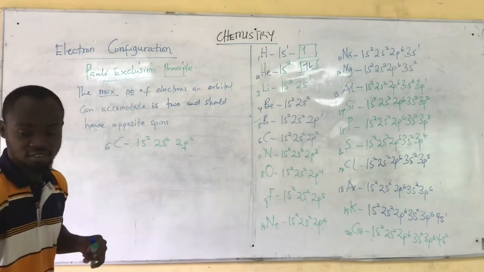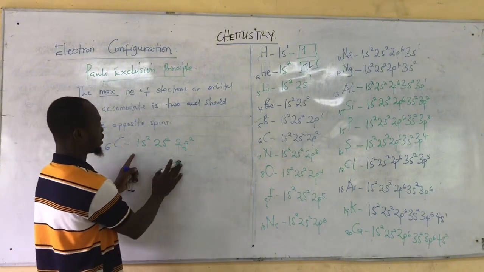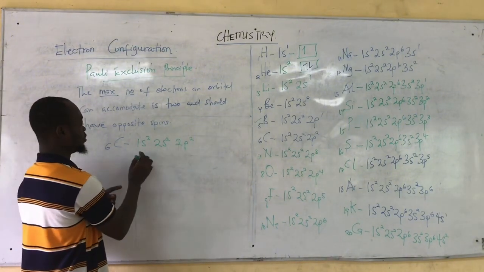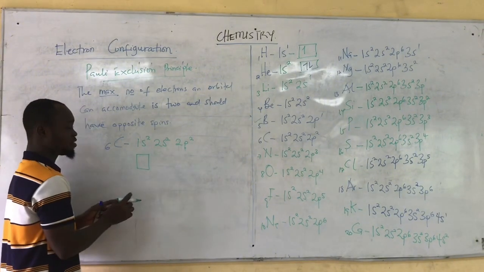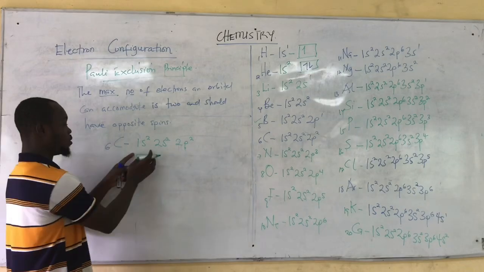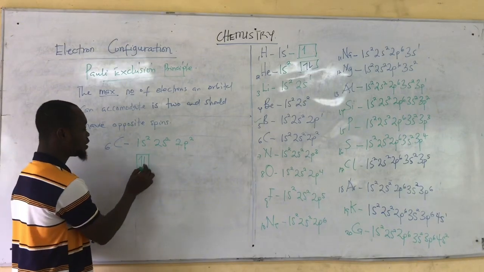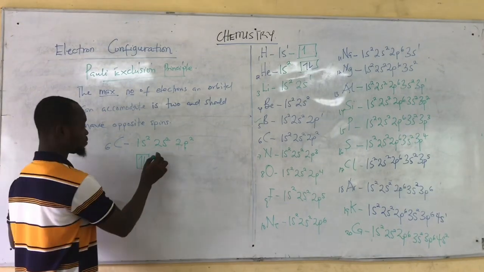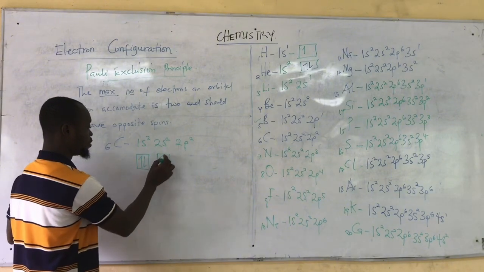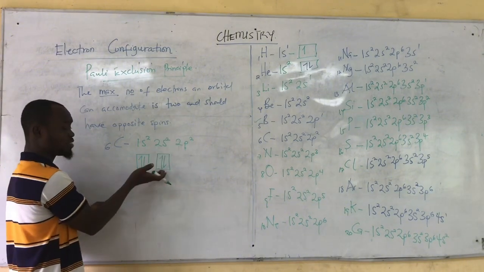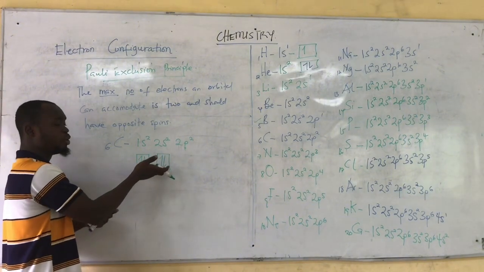Let's hold on this, and then let me explain what I was talking about here. Once you're done writing the configuration, you indicate the spins in a box, but the spin should be in opposite direction like this. Since you have 2 electrons, you have to indicate the 2 electrons' spin in opposite direction.